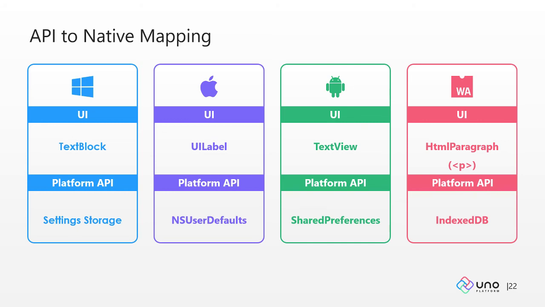So underneath, Uno is still using native APIs and native controls, but it's very nicely wrapped and you get access to all the features that you would normally get in UWP. And you just write your UWP code and you can just run it then on Android, iOS and WebAssembly without many changes. And as long as you are using APIs which are implemented by Uno platform, you are okay and you don't have to do anything.